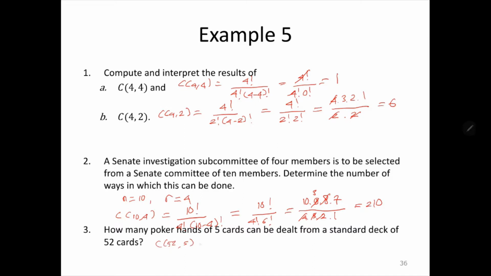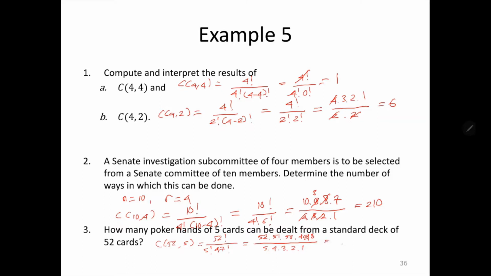Yeah? And of course, this is equal to 52 factorial over 5 factorial times 47 factorial. Yeah, so you have here 52 times 51, 50, 49, 48 over 5, 4, 3, 2, 1.